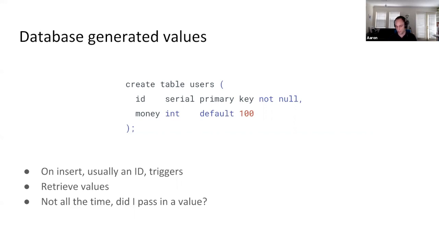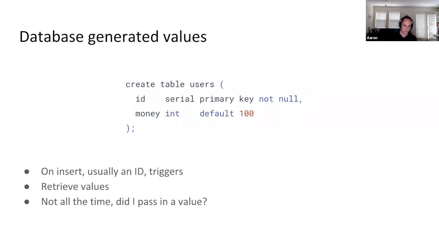So when I insert a record into my database, I kind of want the Go struct that represents that database object to be updated automatically with the values that the database created. Because otherwise I'm out of sync, right? And now I start passing that object around, but it's got a money value of 0, where it should have a money value of 100. So we want to retrieve these values.